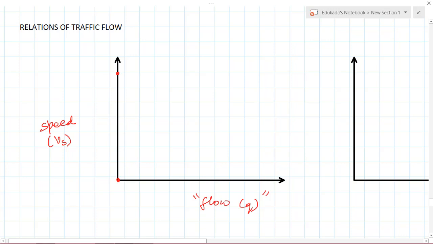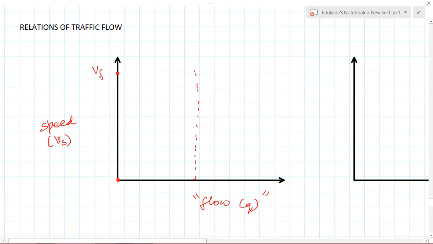So I am considering 2 points, one over here and one over here. In this, the speed will be maximum. Now if I go to the maximum flow, at some point this should be the maximum flow. The speed will be between 0 and the free flow speed.